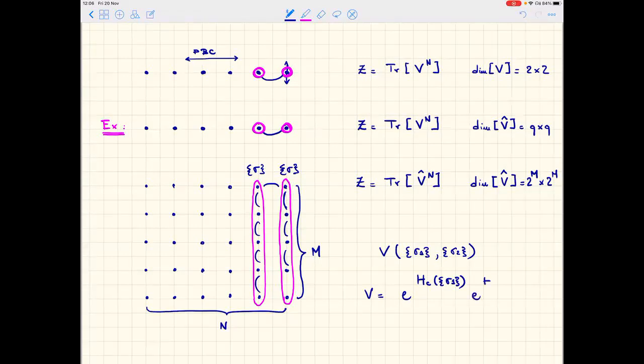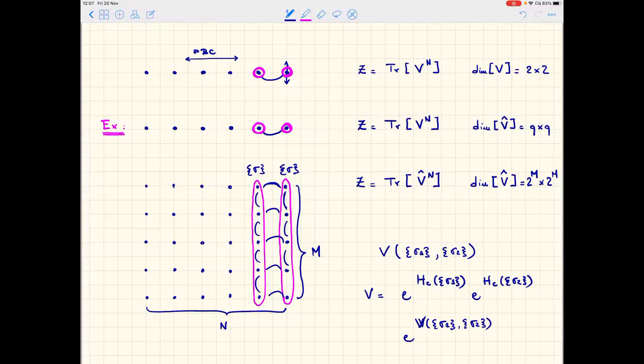Then you're going to have the Hamiltonian on the second column evaluated on the configuration sigma 2, and that also you know how to compute because you know the configuration. And then you're going to have the Hamiltonian connecting all these bonds, connecting the two columns. That is going to depend, let's call it W, on sigma 1 and sigma 2.